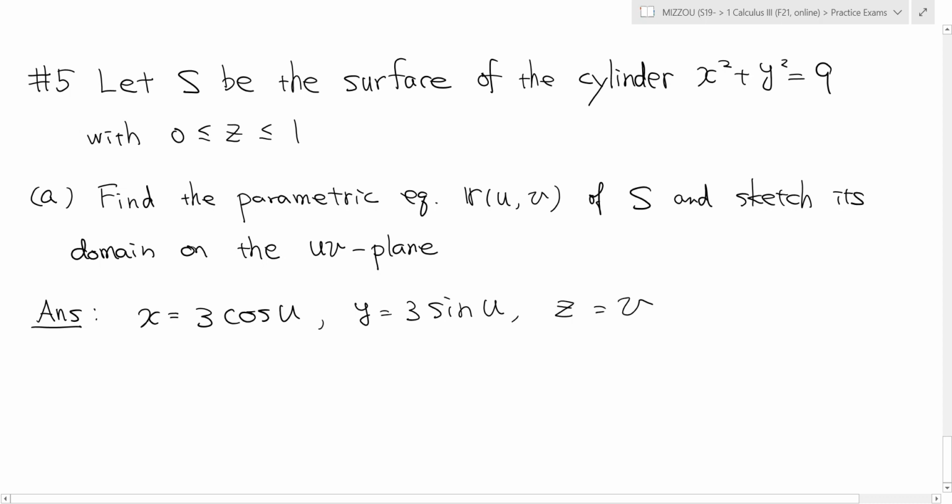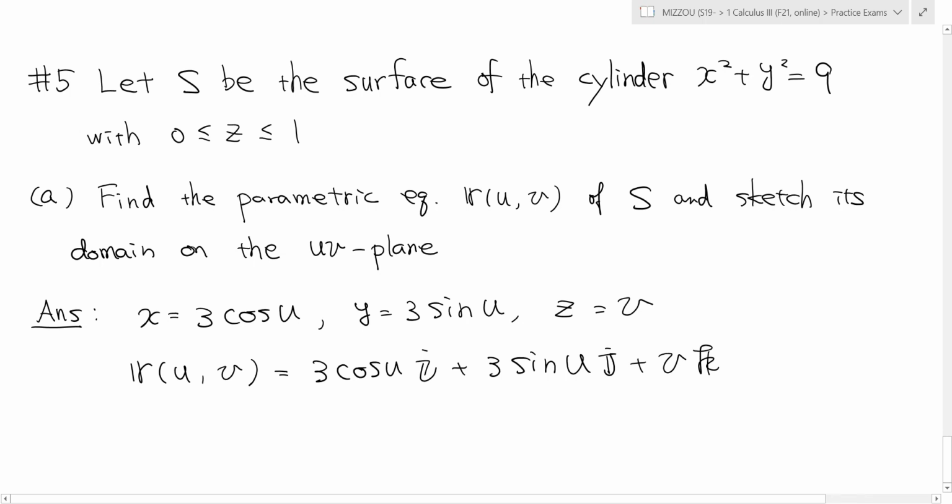Okay, so that's the way to parameterize a cylinder. To be more precise, r of uv is written as 3 cosine u for the i component, 3 sine u for the j component, and then z is v. So that's the parameterization. And then you have to sketch the domain.